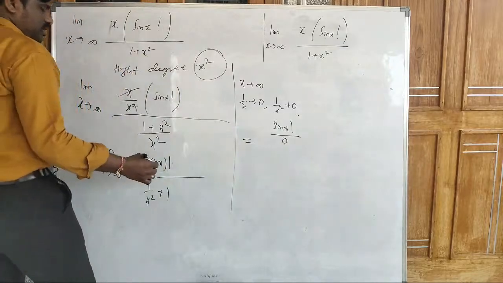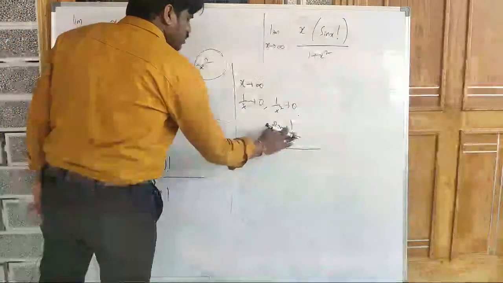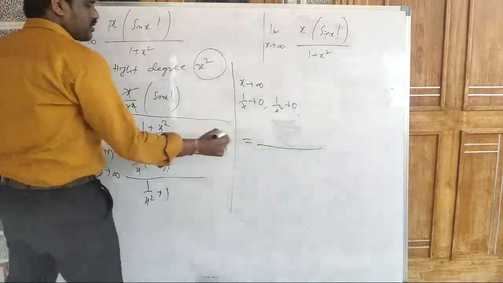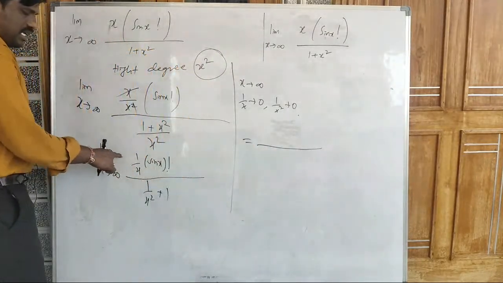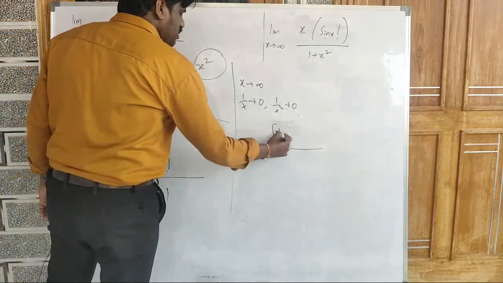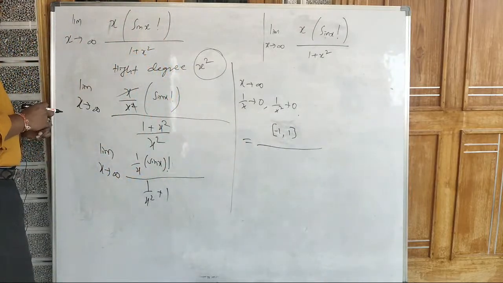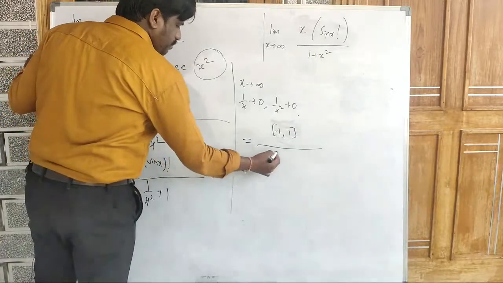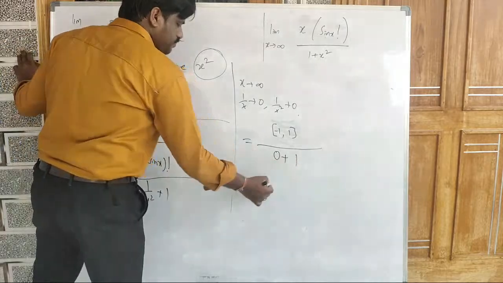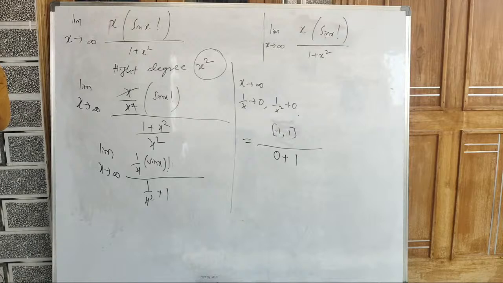Oh, okay, sorry, 1 by x is 0. 1 by x is tending to 0. And sin x will oscillate between -1 to 1. So it's not a fixed number. Divided by 0 plus 1. Something I wrote wrong.